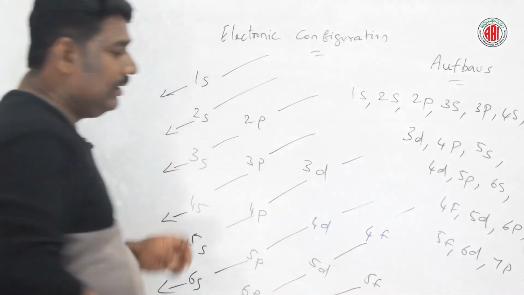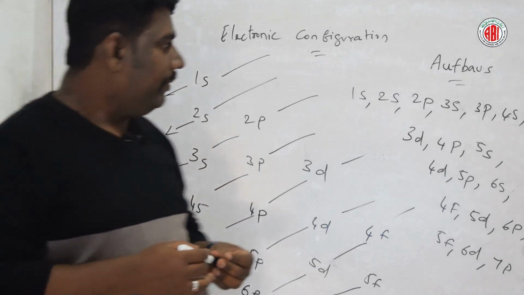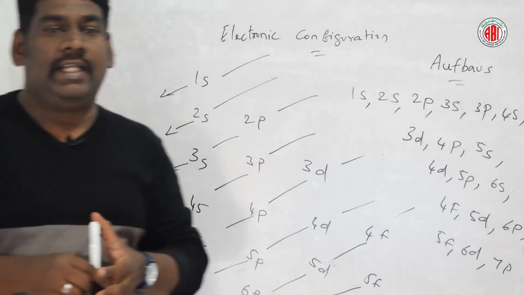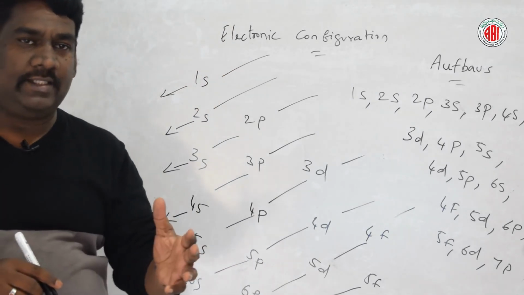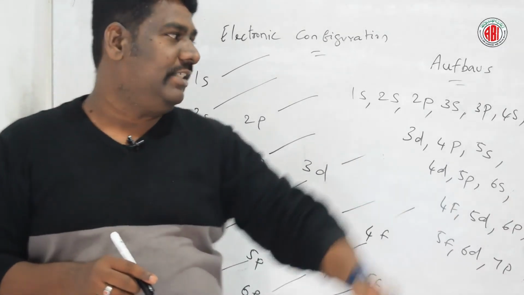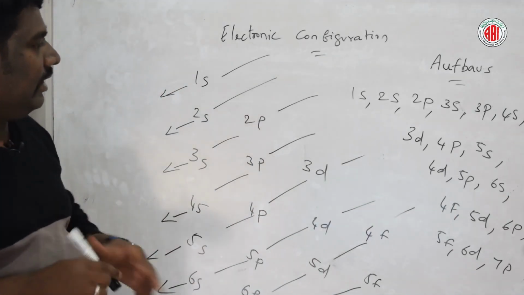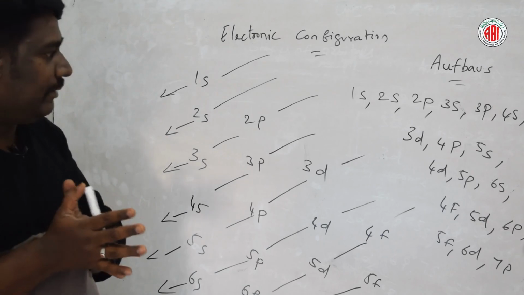Based on this, the electrons are filled in the different orbitals in the increasing order of energy. This is what the Aufbau principle explains.